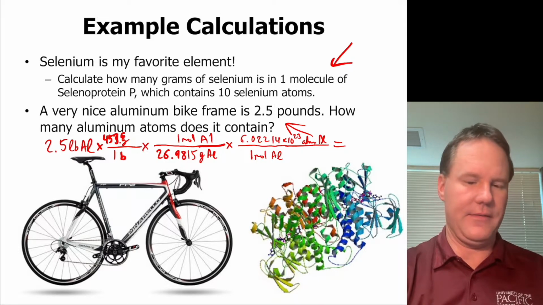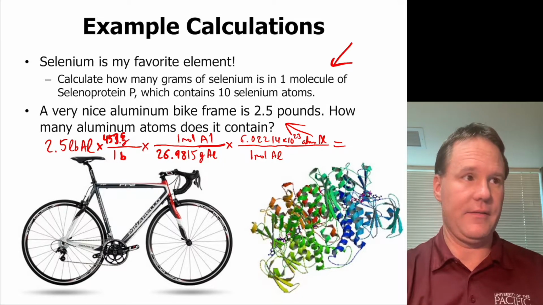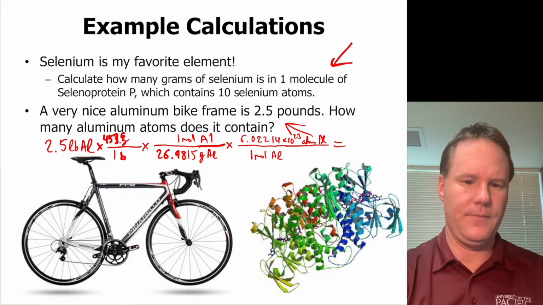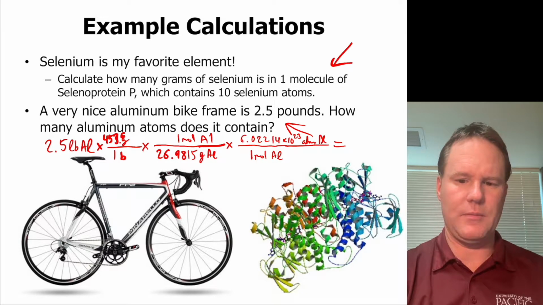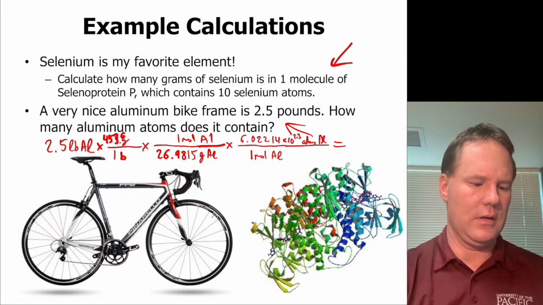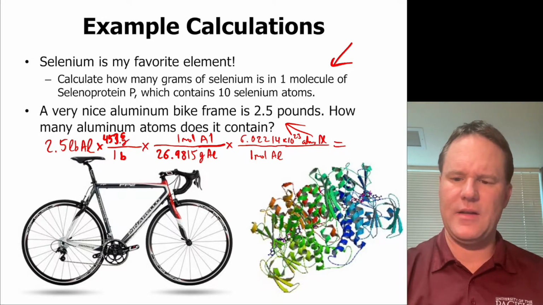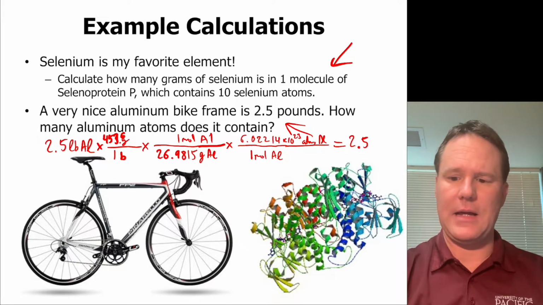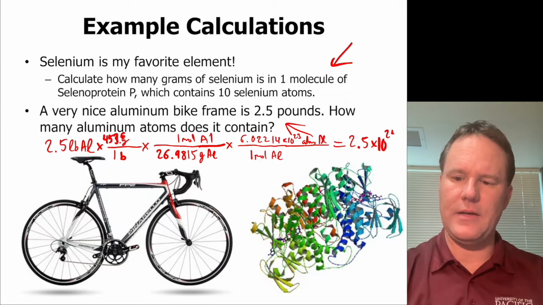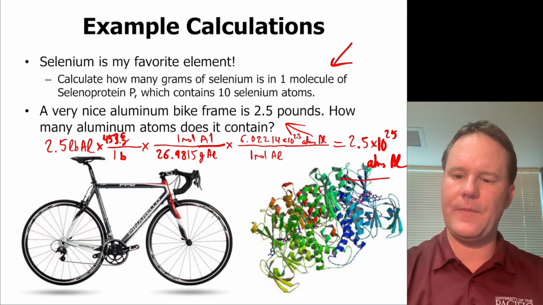So 2.5 times 453.592 divided by 26.9815 multiplied by Avogadro's number, right? Then what we get is 2.5 times 10 to the 25th atoms of aluminum.